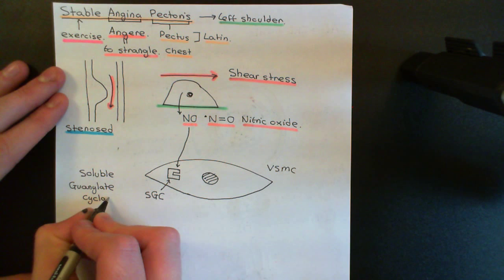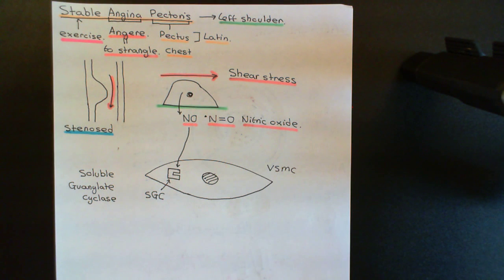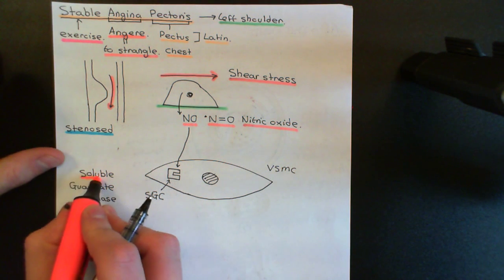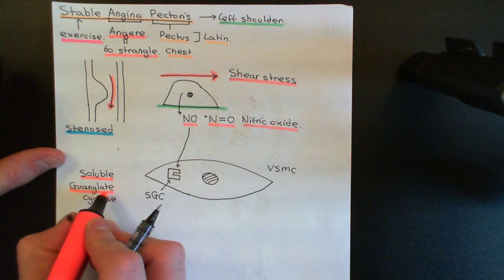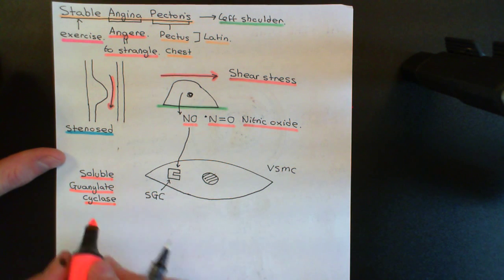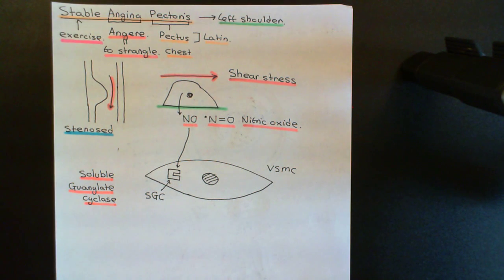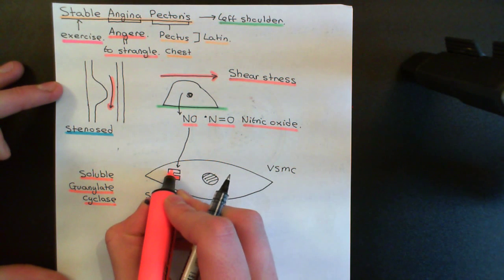Okay, right, so this is very similar to an adenylate cyclase enzyme or an adenylyl cyclase enzyme, except that instead of producing cyclic AMP, they produce cyclic GMP. So instead of adenosine, it's guanosine, hence why this is guanylyl or guanylate rather than adenylate or adenylyl. And you could call this soluble guanylyl cyclase if you liked. It's more commonly referred to as the soluble guanylate cyclase, but guanylyl and guanylate mean exactly the same thing.